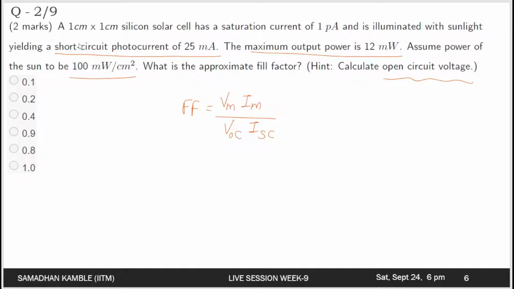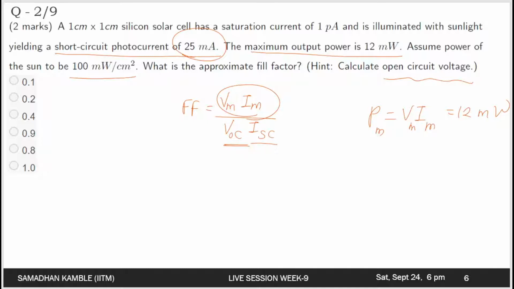The short circuit photocurrent is given, which is 25 milliamp, so ISC is known. Then the maximum output power is given as 12 milliwatt. We know that power is nothing but V times I, and output power is given, that is Pm. That means Vm times Im is also given, which is 12 milliwatt. So these two parameters are known, and what we need to find out is the VOC.